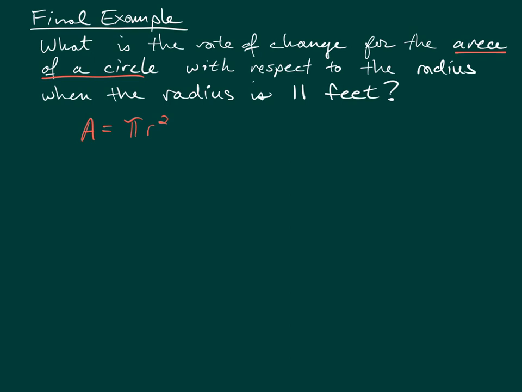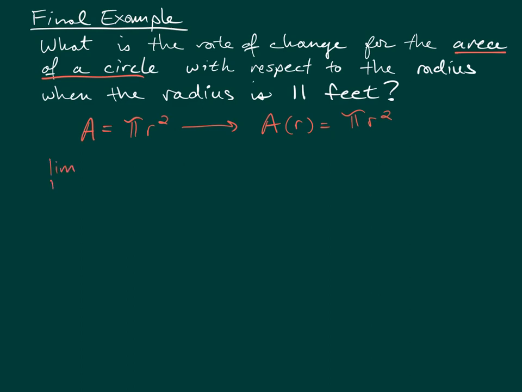Another way to write this area function is that the area is dependent upon the radius, and the area is calculated as pi r squared. So this will give us a setup to help us figure out the evaluations that we'll need here in a second.